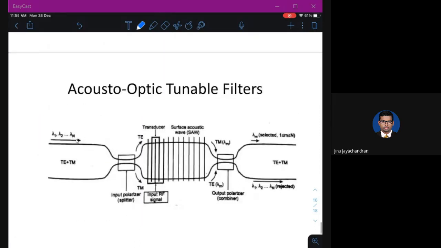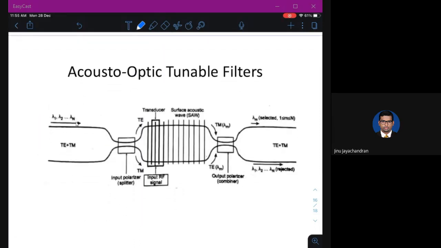Similar to the electro-optic tunable filter, you have the acousto-optic tunable filter. The mechanism is the same, except that instead of applying an input voltage here, you apply an input RF signal, and there's a transducer, and there's a surface acoustic wave. Acousto-optics means changing the refractive index of a material by applying an acoustic wave, for example, a sound wave.